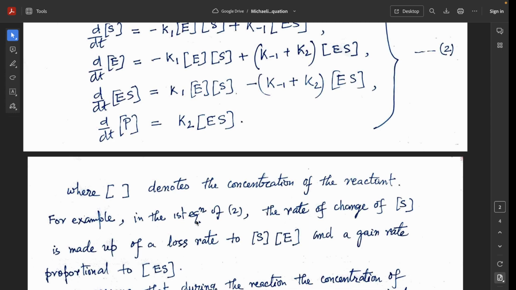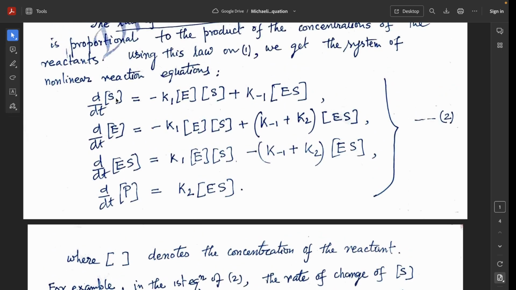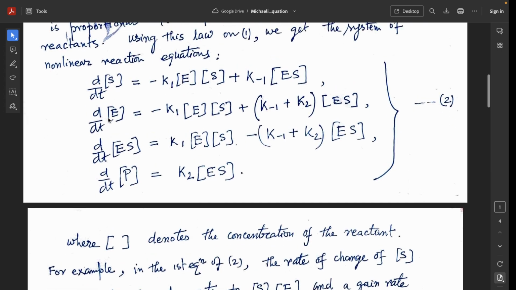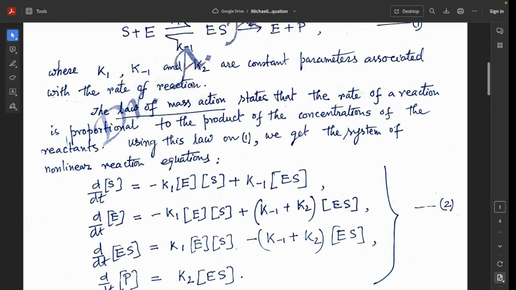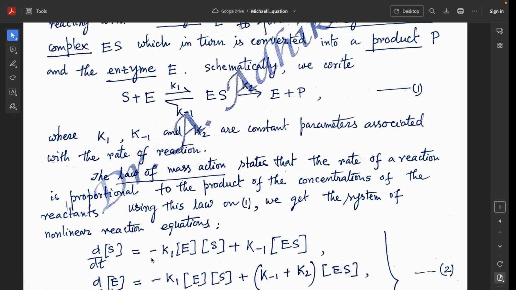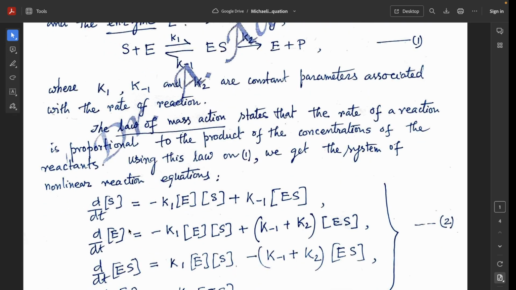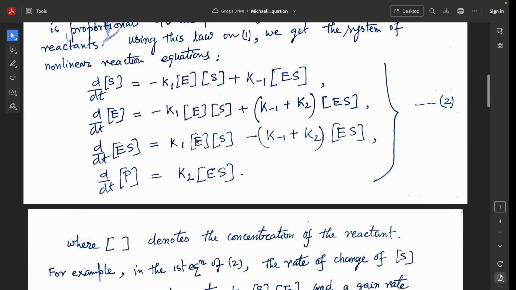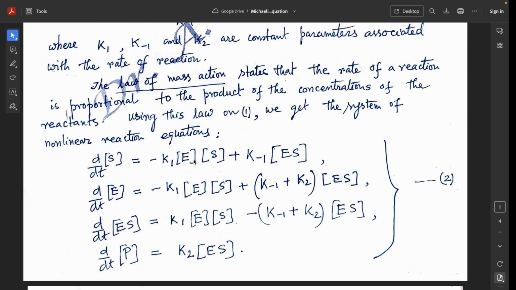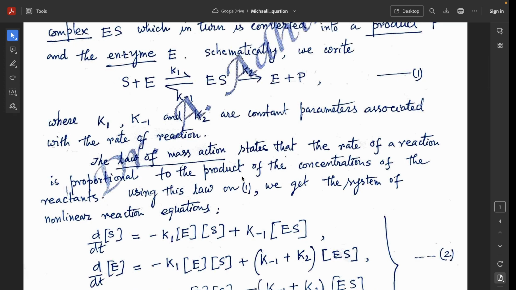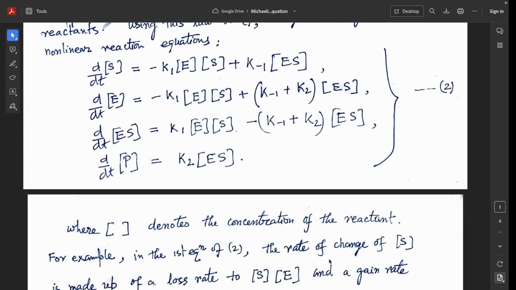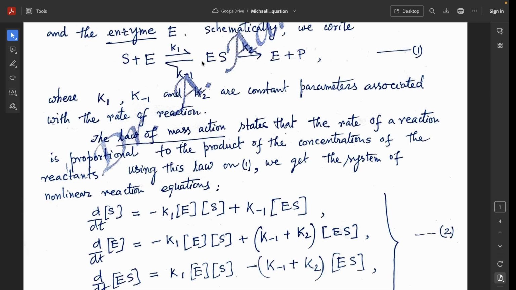Because in the first equation of 2, the rate of change of concentration S is made up of the loss rate to E and S. So this is minus K1, the loss of E and S, proportional to the concentration of E and the concentration of S. And also a gain rate proportional to complex ES, in this direction with K suffix minus 1.